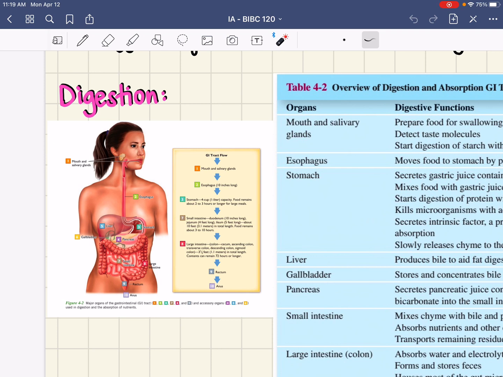However, around that, you have different accessory organs, for example, the salivary glands in our mouth, or the pancreas, or the gallbladder.